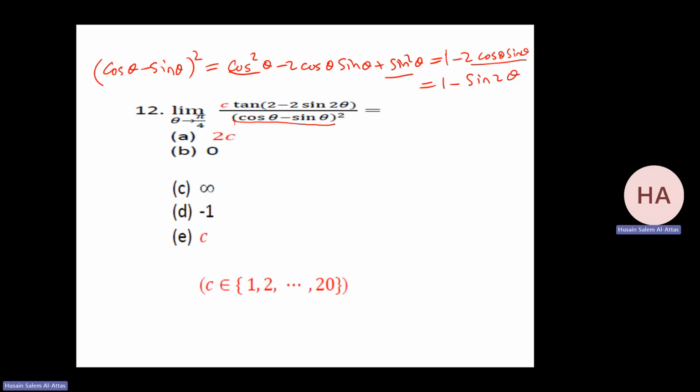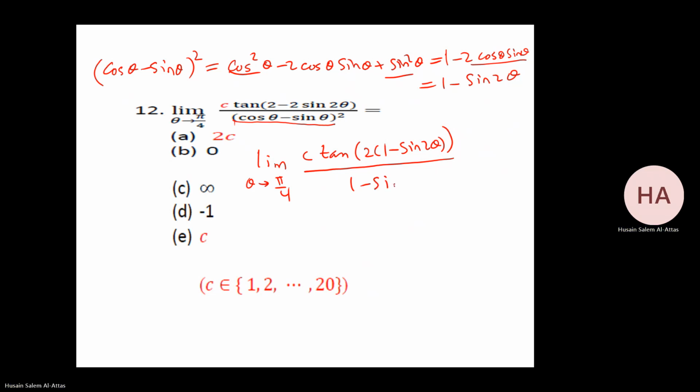Okay, so let me now rewrite this. Limit as theta goes to pi over 4 of tan of 1 minus sine 2 theta over 1 minus sine 2 theta. To have the same argument, this is 1 minus sine 2 theta, I need the 2, so multiply by 2 and 2.